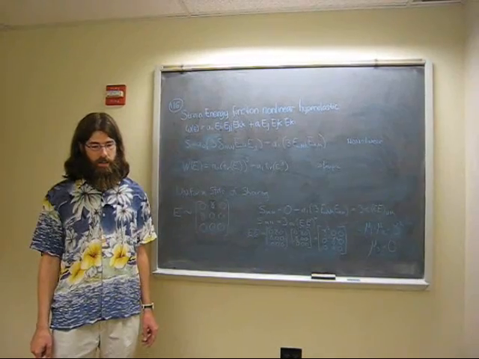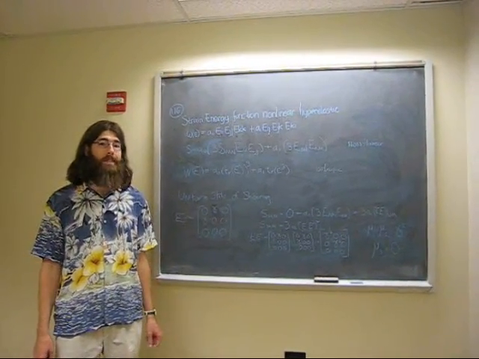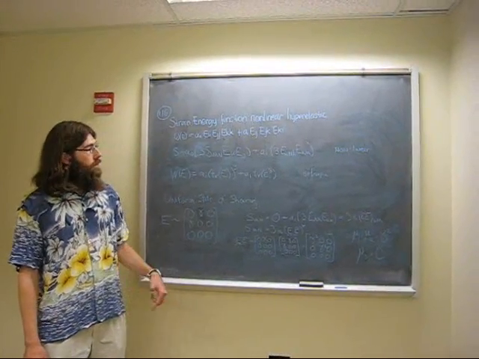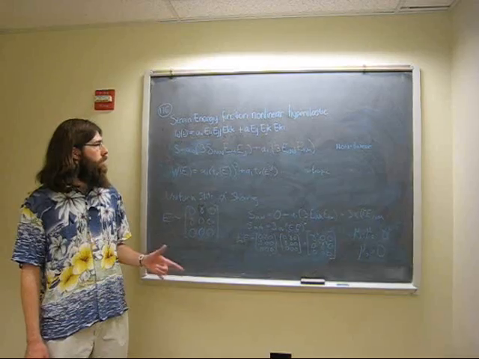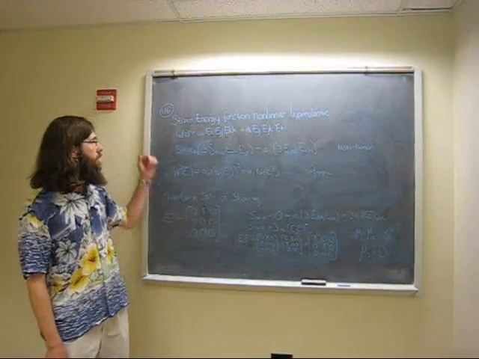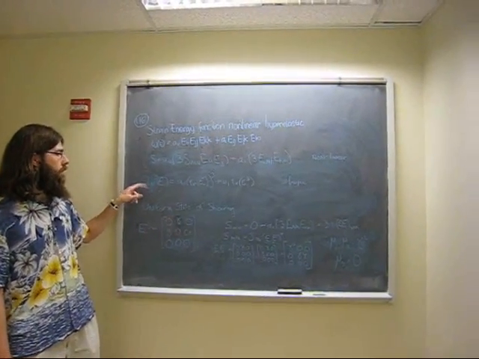The next part of the problem asks us to determine if the material is isotropic or not. If the material is isotropic, the strain energy will be a function of the invariants of the strain tensor. So our strain energy function can be rewritten here.